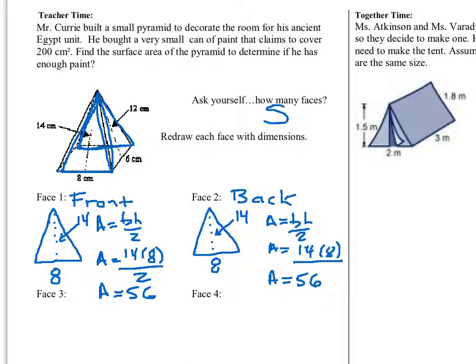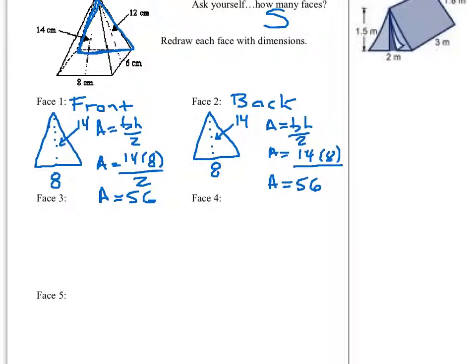So, we've now taken care of the front and the back of our pyramid. Which two faces would you like to deal with next, Jeremiah? Or what face? Sorry. The left and the right. Okay, he wants to deal with the left and the right. So if we're looking at the left and the right, we're looking over here.